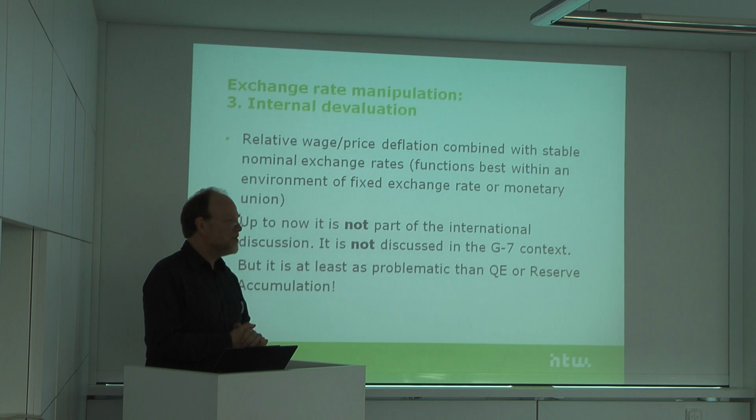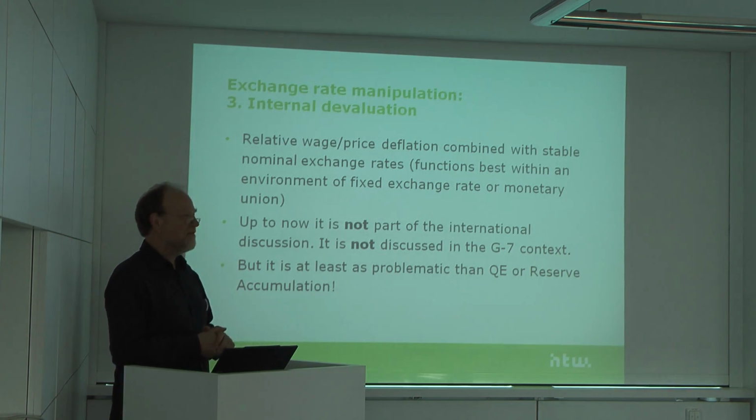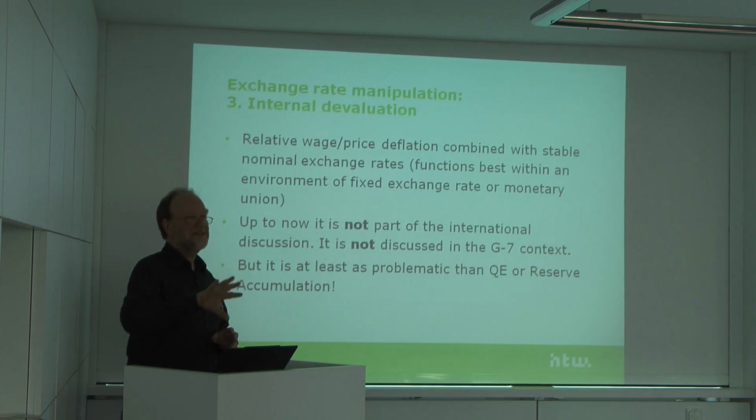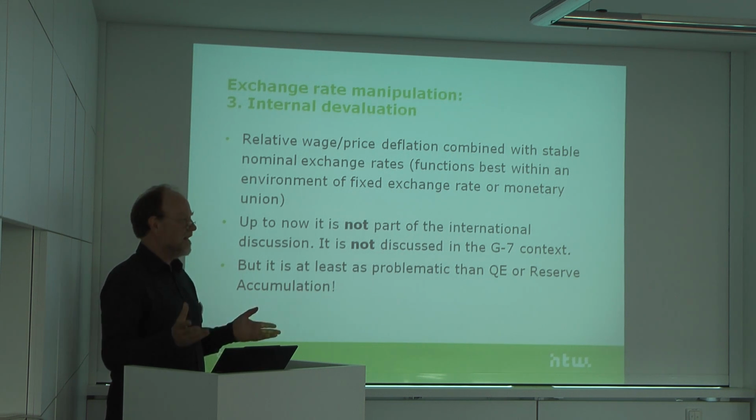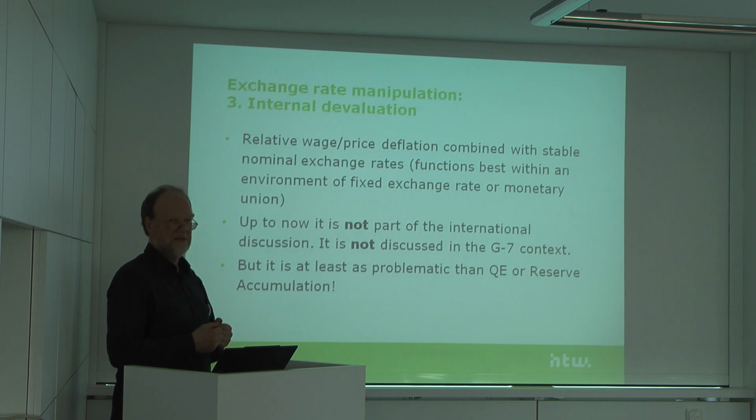The strange thing is that in the international discussion about exchange rate manipulation, that dimension is not discussed at all. Nevertheless, I would say that if we really want to come closer to that problem, internal devaluation is at least as important as the other instruments.